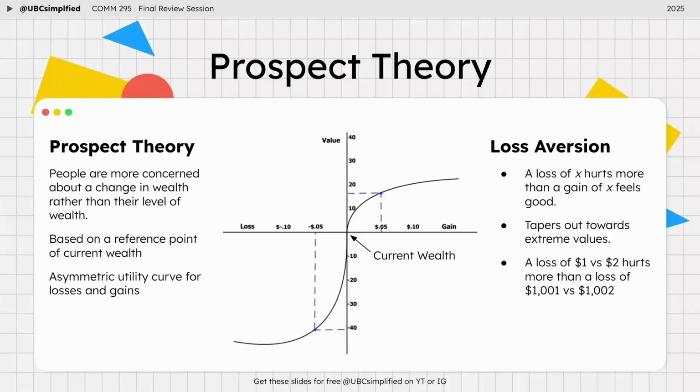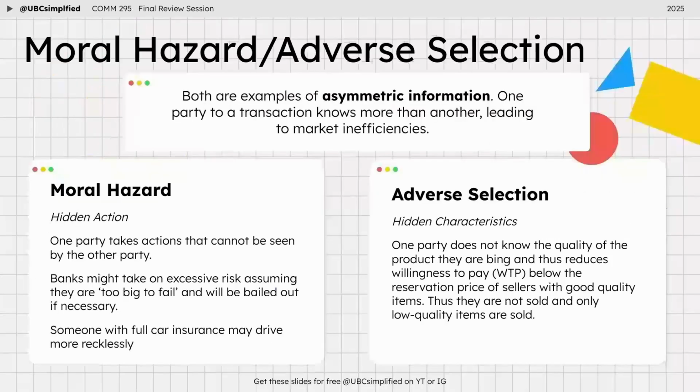This is basically saying that as you get more and more wealth or more and more losses, the difference between $1 and $2 becomes less and less, because your reference point is much different. It's out of that steep range, and then you're risk preferring in the domain of losses, because you see it's the opposite concavity.